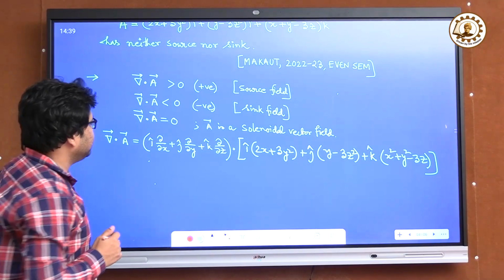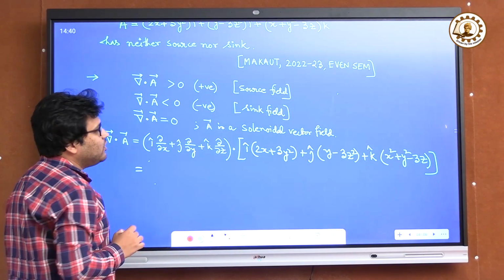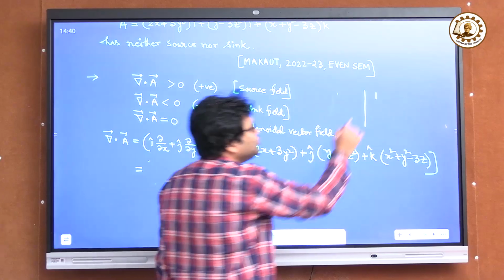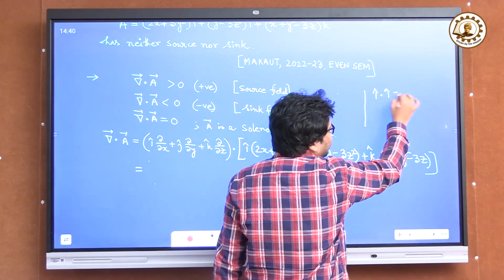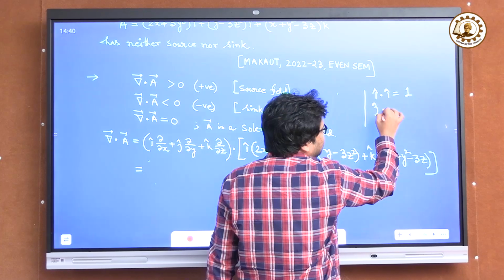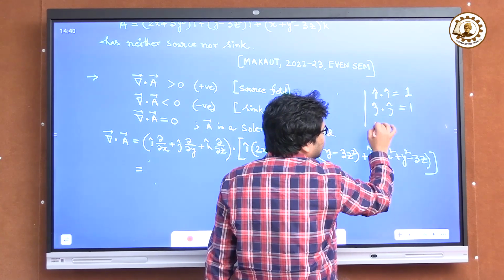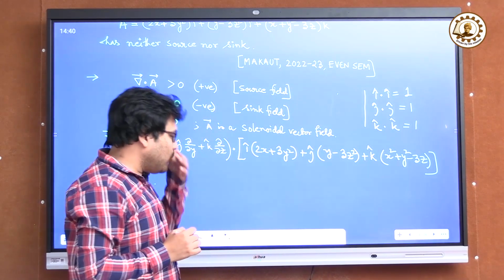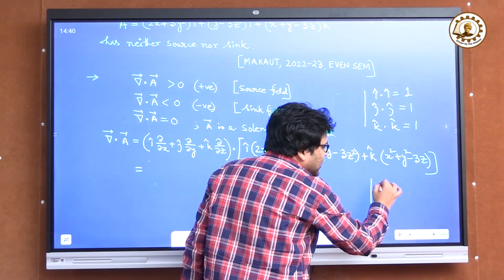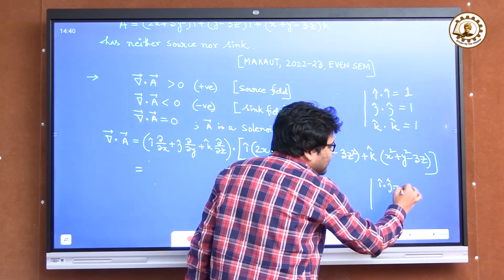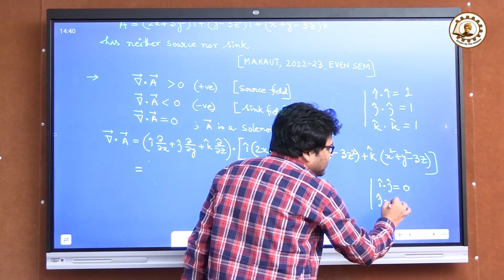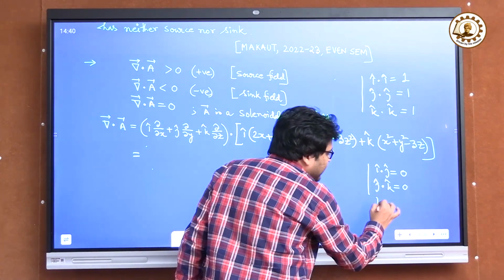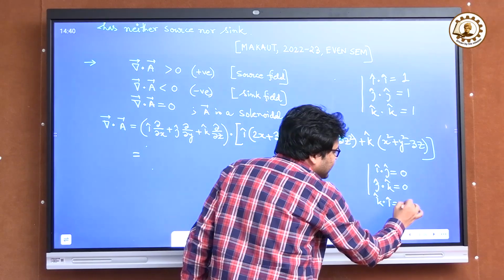Now we have to solve this divergence. As we all know that in case of dot product, i cap dot i cap results 1, j cap dot j cap results 1, k cap dot k cap also results 1. And we also know that i cap dot j cap equals 0, j cap dot k cap also equals 0, and k cap dot i cap results 0.